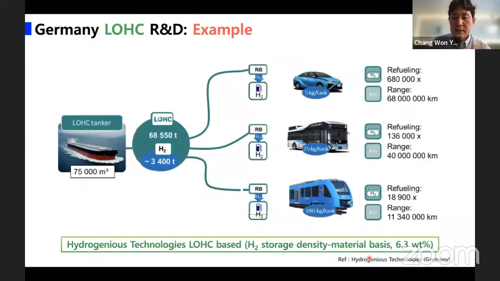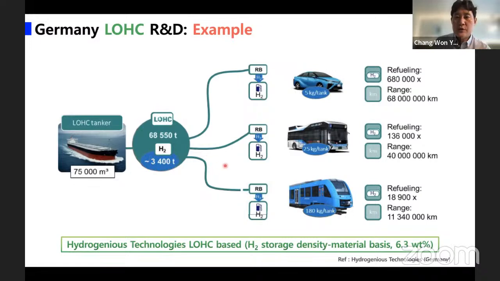And based on this Hydrogenious technology in Germany, if we use their LOHC and ship it in a 75,000 cubic meter LOHC tanker, that means you deliver 3,400 tons of hydrogen at one time.